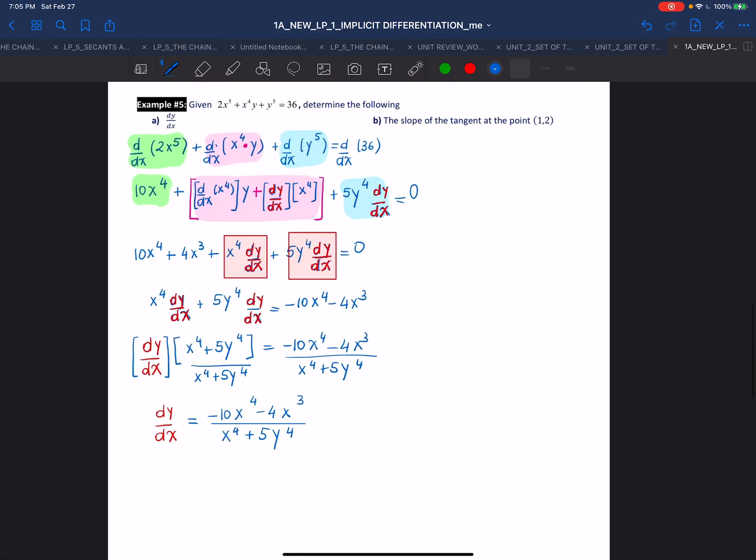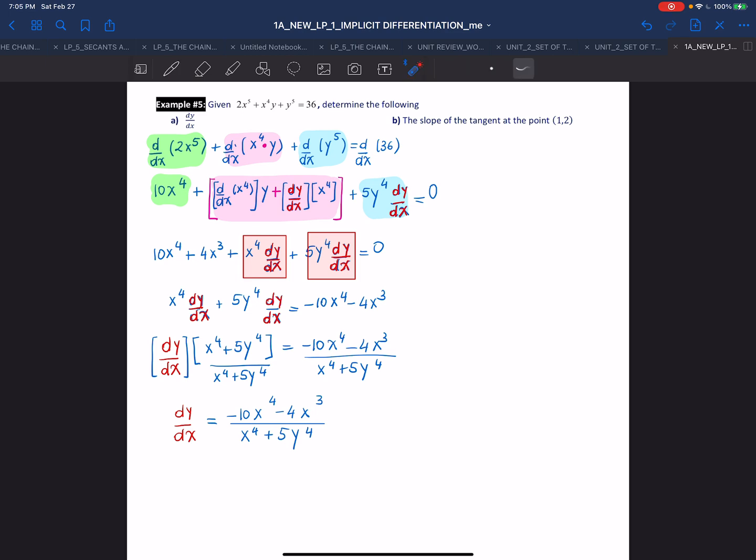Now remember what our task is in here. We want to find the slope of the tangent line at point (1, 2). And we have just found the derivative, or we just differentiated it. So we'll say that the slope of the tangent would equal the derivative dy dx evaluated at x equals 1, y equals 2.